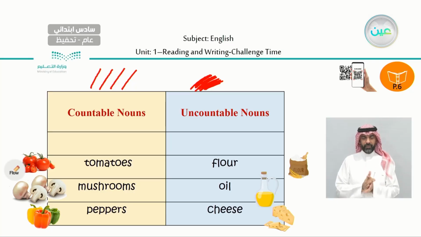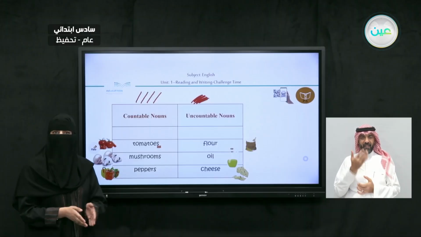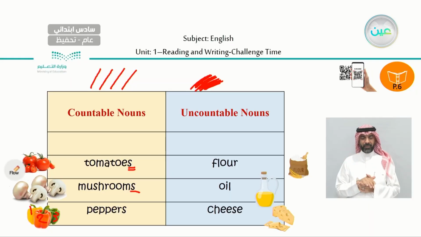Countable nouns like tomatoes. You see, we add s for the plural nouns. Okay, tomatoes, mushrooms. You count 1, 2, and 3 mushrooms. Okay. What about peppers? How many peppers can you count? 1, 2, and 3 peppers. Yes, we can count, so we add the s at the end of the countable nouns.